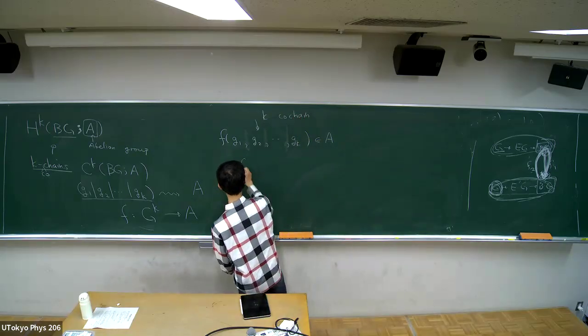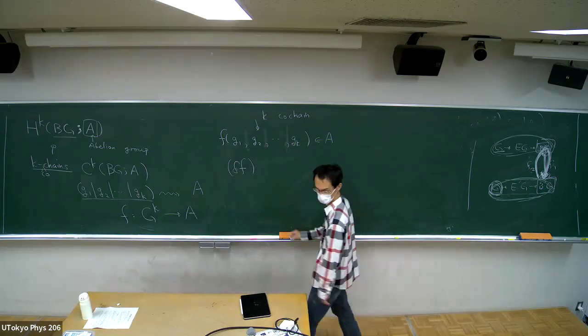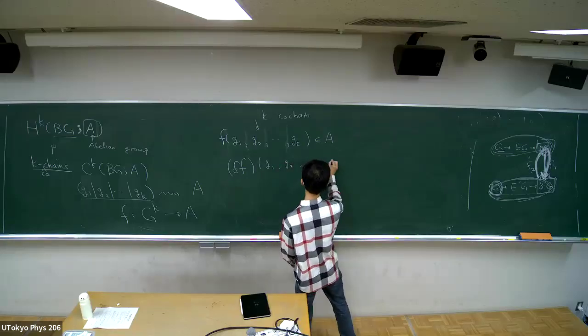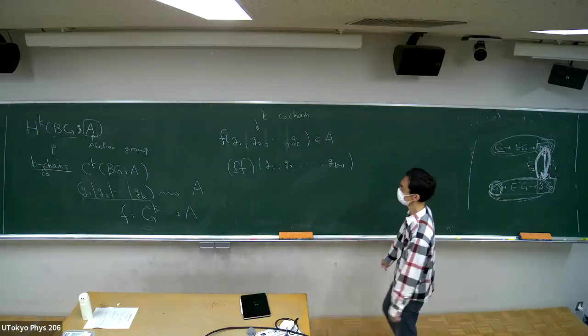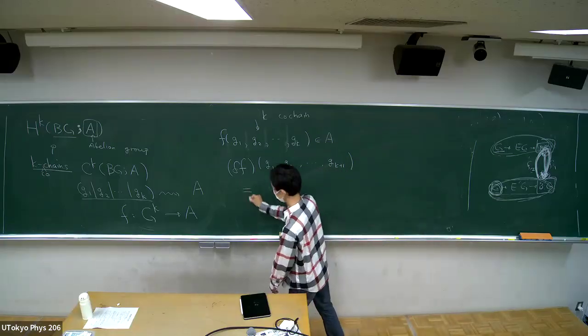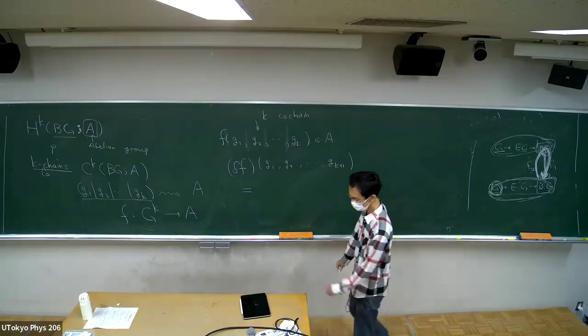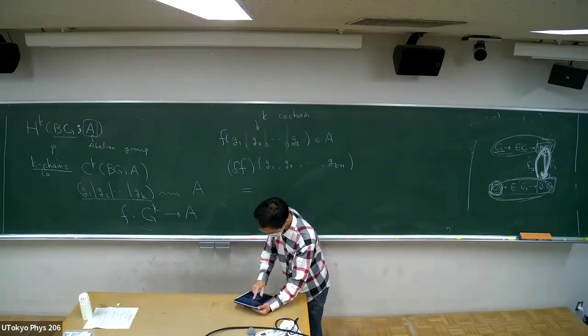Then delta f should be a (k+1)-cochain, right? So (g1, g2, ..., g_{k+1}), and this can be determined from the space map I discussed about 20 minutes ago or something.